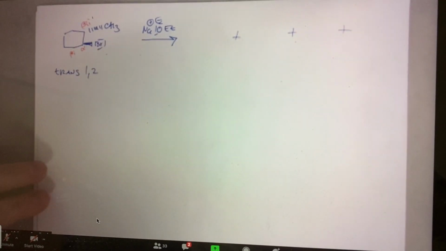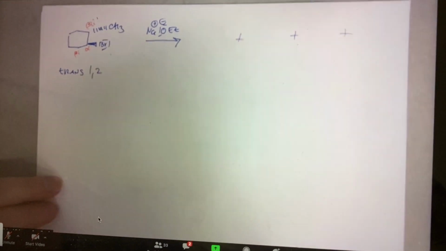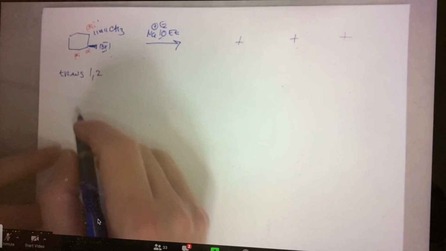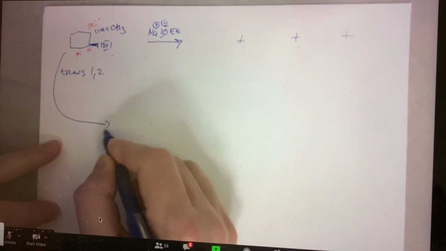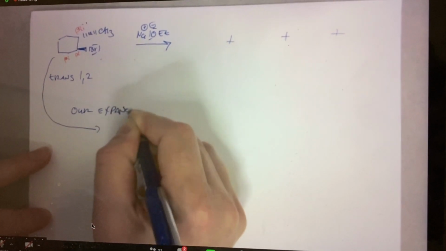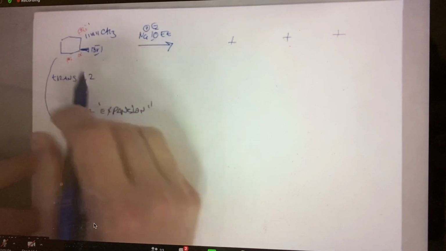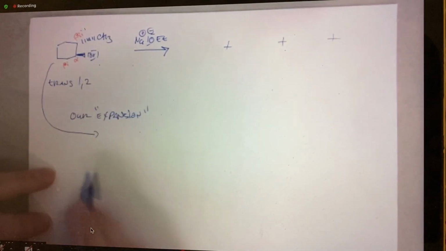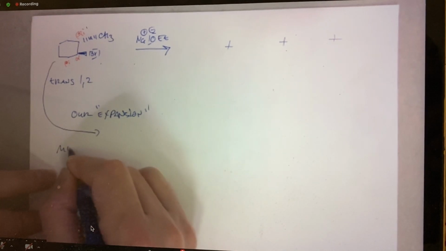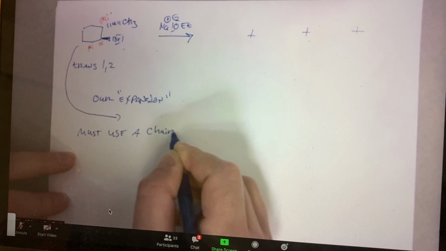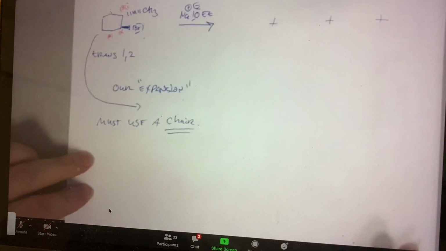Chairs present a unique conundrum for us when we have cyclohexane rings. When we're expanding at the beta positions with a cyclohexane molecule, our expansion must use a chair conformation to do this, okay?